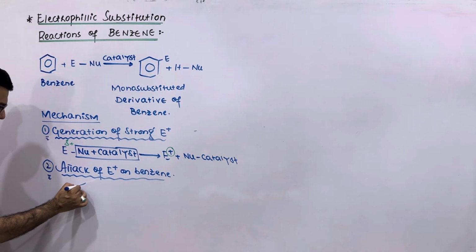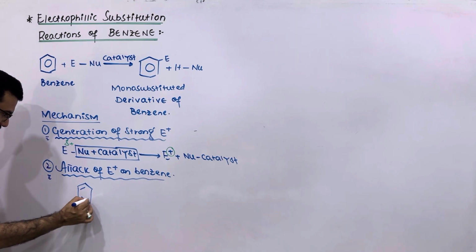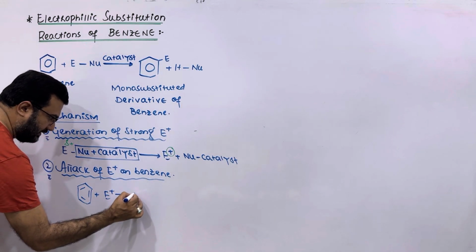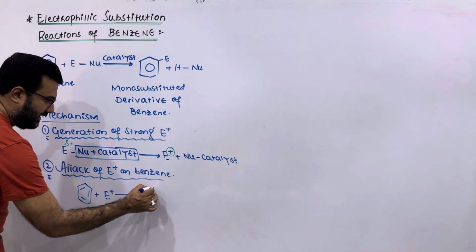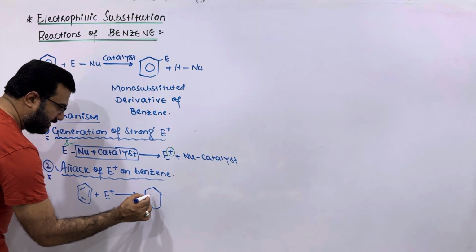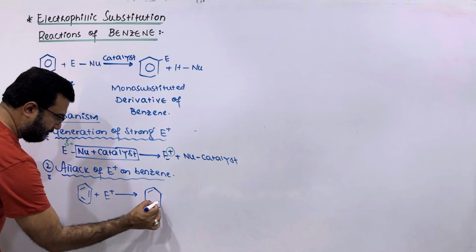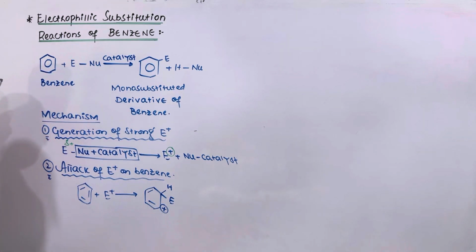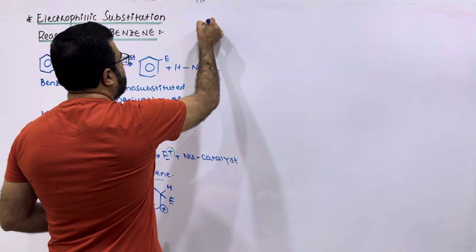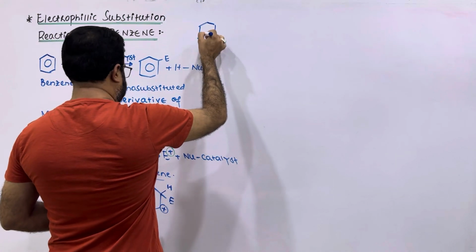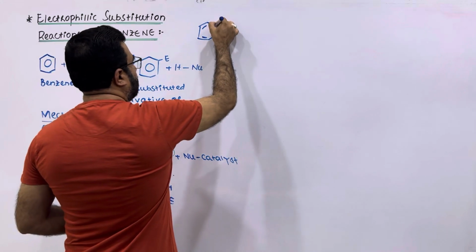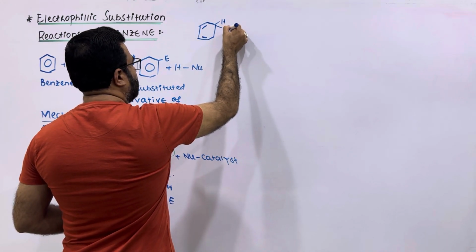When the stronger electrophile attacks the benzene, this is one of the resonance structures of benzene, and when it attacks the benzene, now the carbonium ion, or you can say carbocation, is generated, and this carbocation is then resonance stabilized.